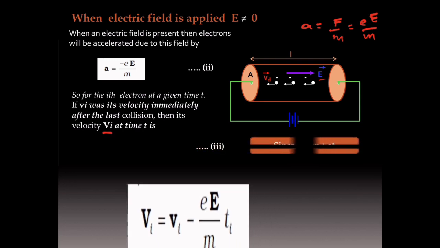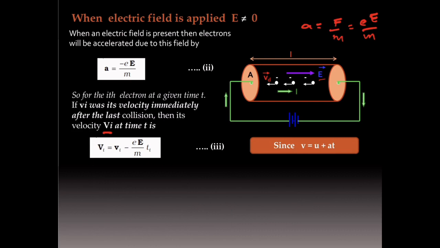So the equation of final velocity of the ith electron is Vi equals small vi minus eE by m ti. Here all expressions are for the ith electron. Just link this formula with the class 11th formula, v equals u plus at, where v is the final velocity, u is the initial velocity, a is the acceleration, and t is the time taken.